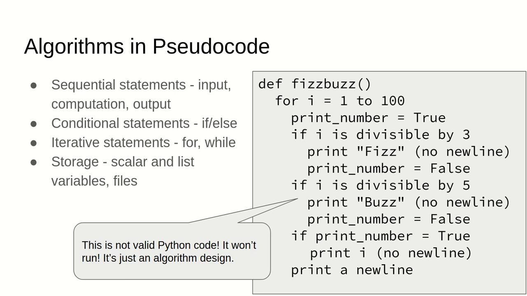So here's an example of some pseudocode. You may notice that it looks pretty similar to regular code. This example even uses some Python keywords in it that you may or may not choose to use in your own pseudocode.